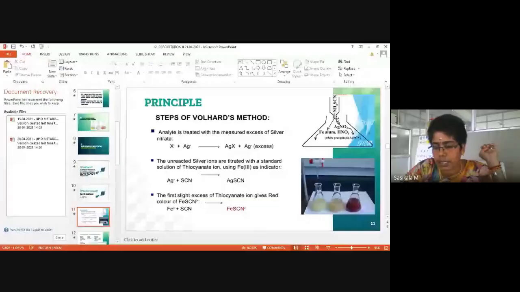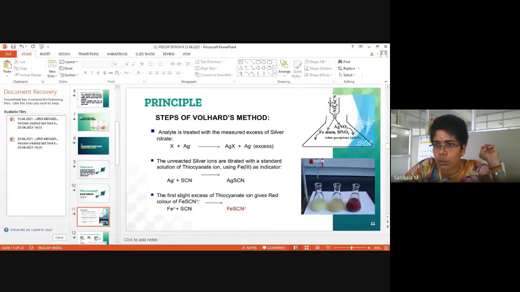When ammonium thiocyanate is started adding, formation of silver thiocyanate will change the white color to somewhat brownish color. Once all the silver nitrate is reacted and precipitated by ammonium thiocyanate as silver thiocyanate, only ammonium thiocyanate will be existing in the solution.